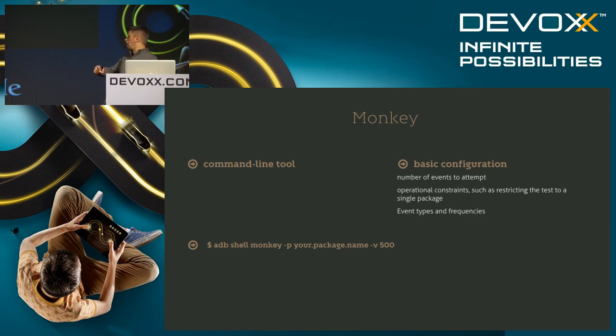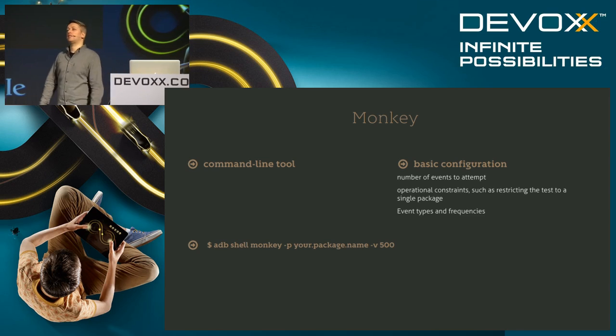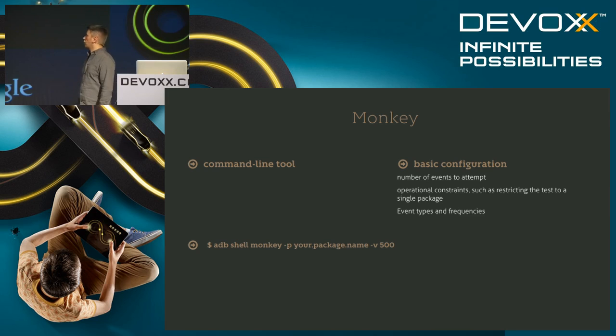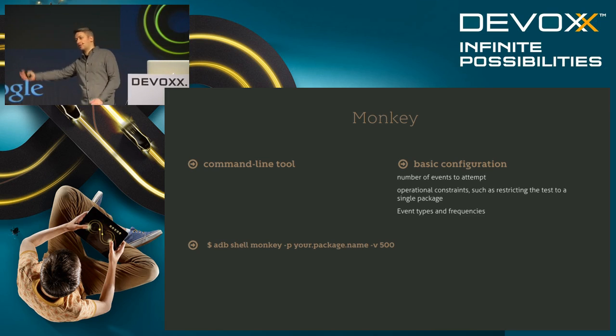Now, the interesting thing is, of course, when the monkey can crash your application, so it's also possible to give it a seed value. So you are guaranteed that with a certain seed value, it will always generate the same stream of events. So that's handy to know, because if you see a crash, you can at least generate the same new stream and you can start debugging and so on.